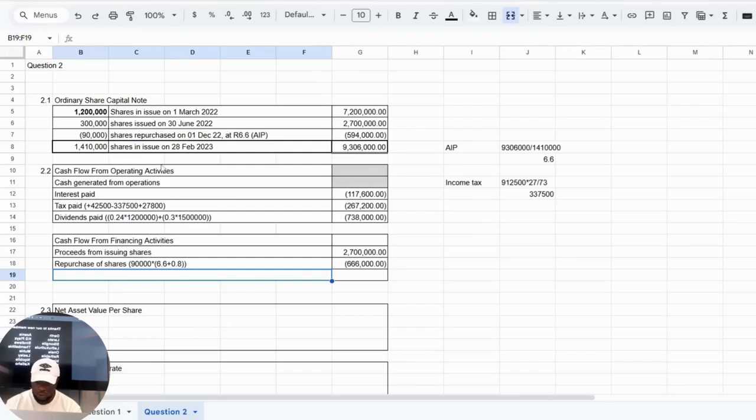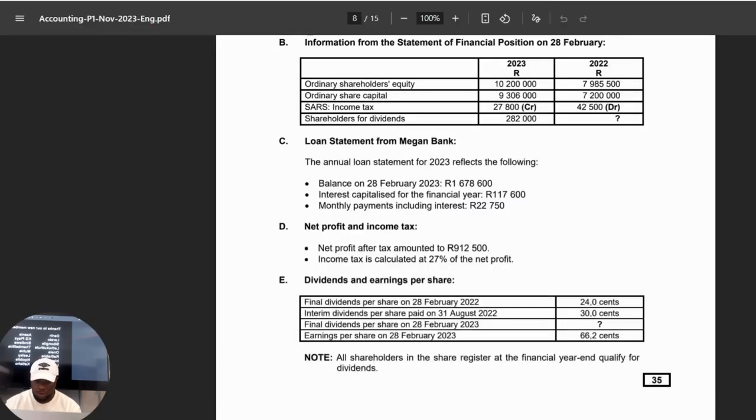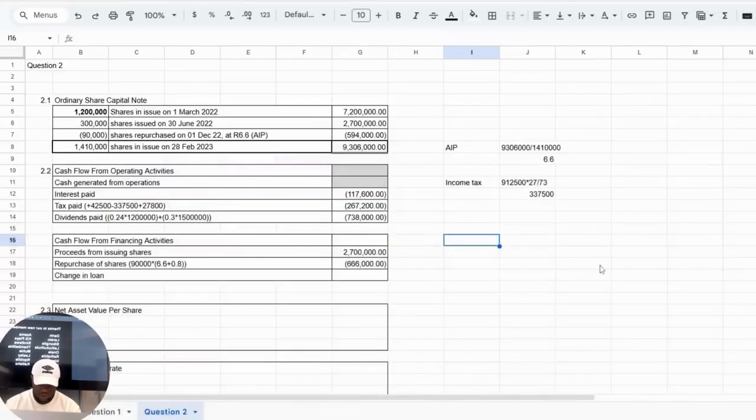And then after that, we're going to look at the loan. So let's look at a change in loan. Now, we could have paid this loan back, or we could have maybe taken an additional loan. So let's look at the information regarding the loan. So, loan statement. So it says here we have a balance 23 February. So this is the balance at the end. Okay. So this is how I want us to look at the loan.